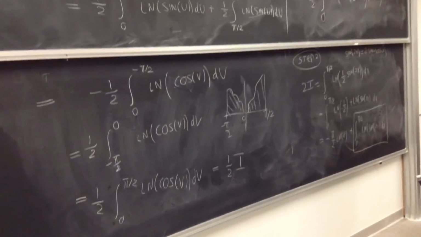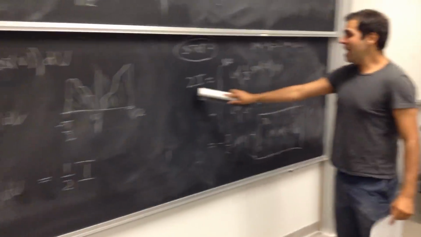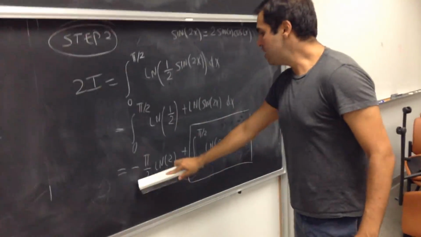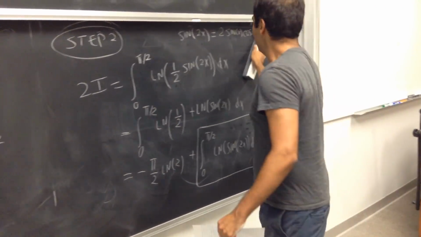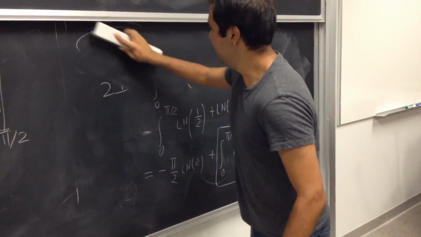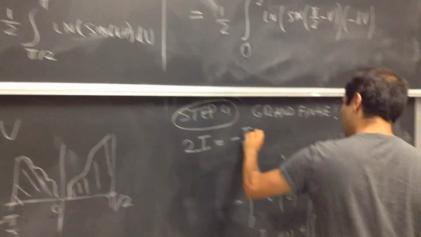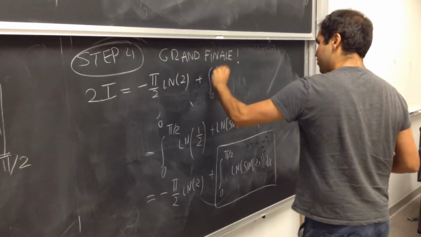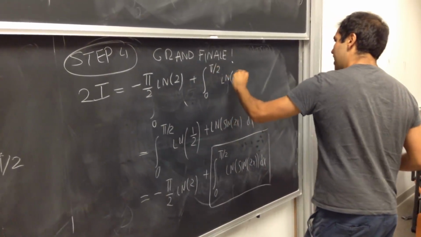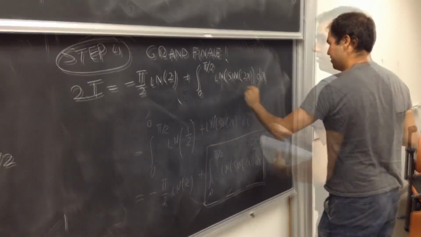And so what did we do? We had that 2I equals minus pi over 2 ln of 2 plus this integral. So I feel like this is the grand finale. 2I equals minus pi over 2 ln of 2 plus the integral from 0 to pi over 2 of ln of sine of 2x dx.